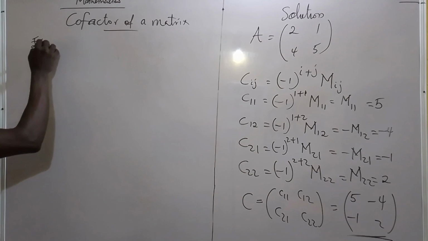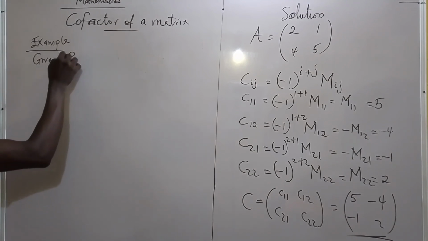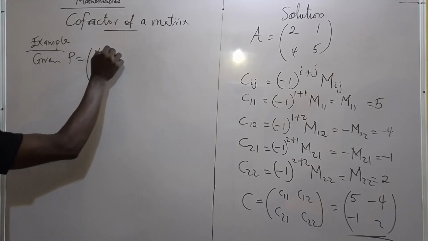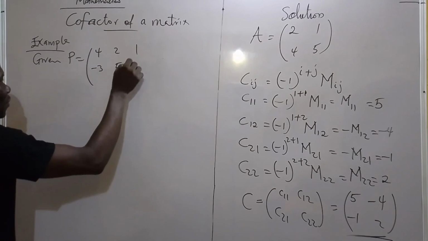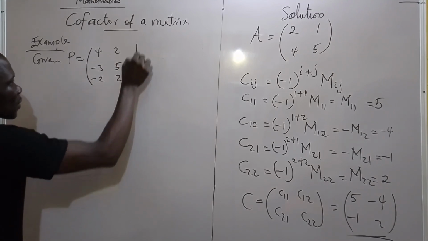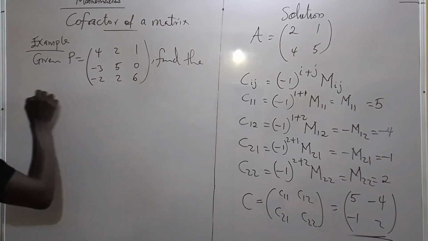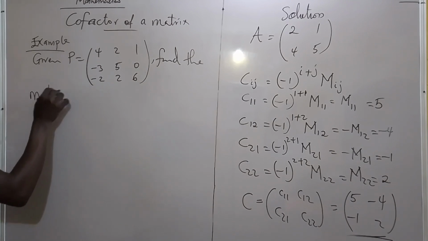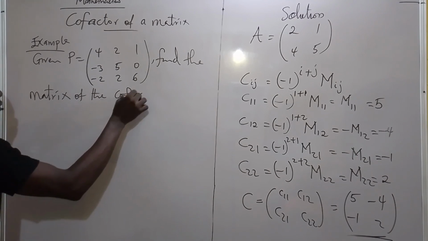So another example here. We are given matrix P to be the matrix 4, 2, 1, minus 3, 5, 0, minus 2, 2, and 6. So we want to find the matrix of the cofactors.